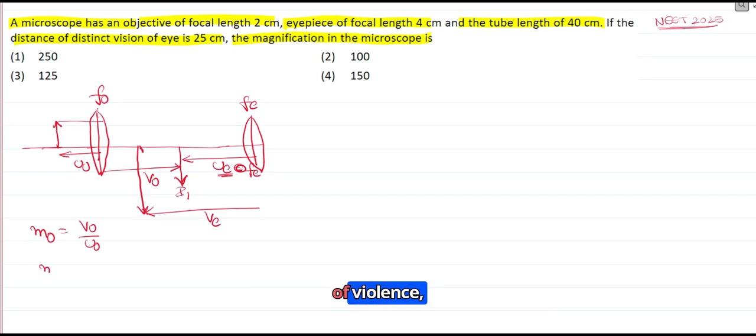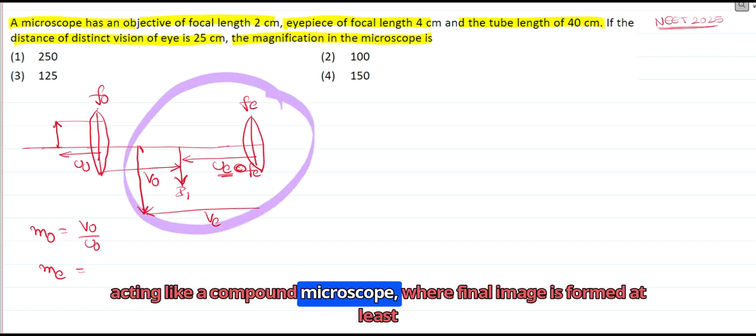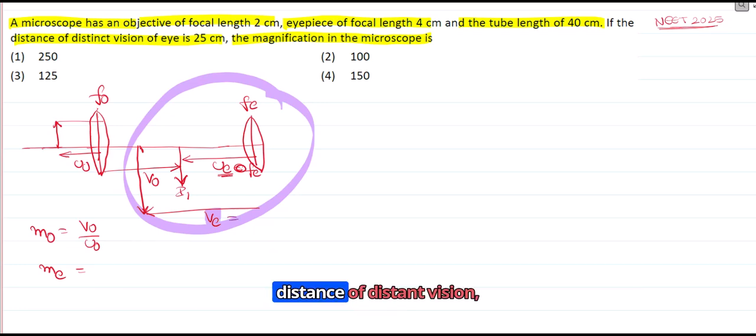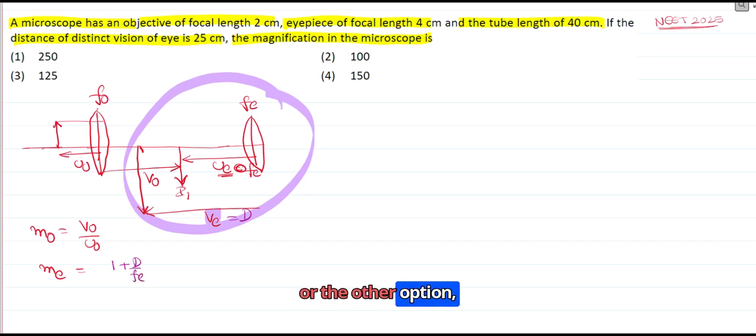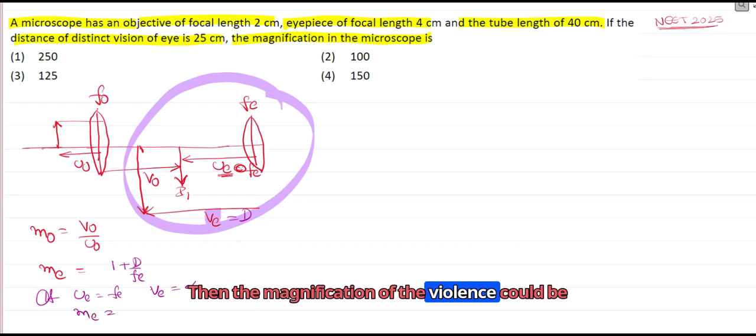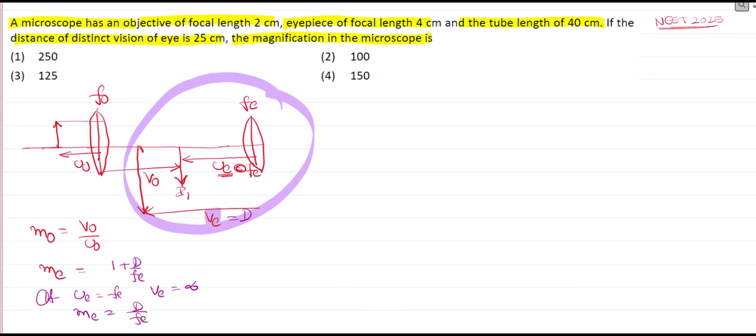Then the magnification of the eye lens, because this part is acting like a compound microscope where the final image is formed at the least distance of distant vision, is 1 plus d by FE. Or the other option, if UE is at FE, the final image is formed at infinity, then the magnification of the eye lens is d by FE.